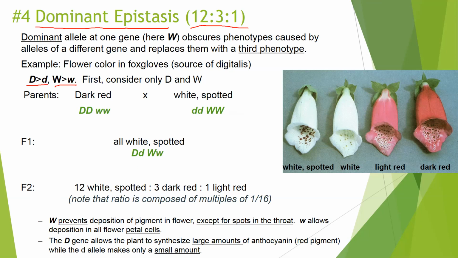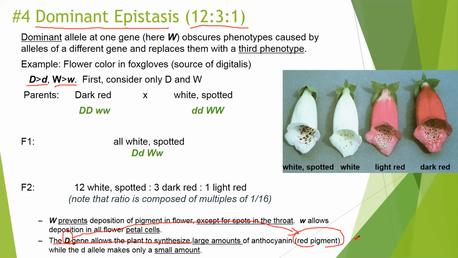Let's see what the functions of these two genes are. Let's look at the D gene first. The capital D gene will make the flower petal darker. That's the red pigment, so the capital D will produce the dark red pigment.